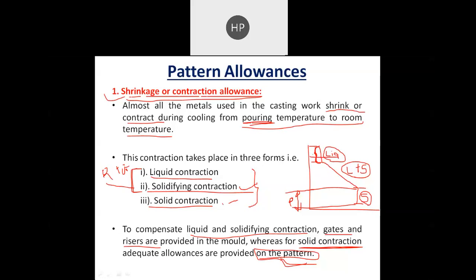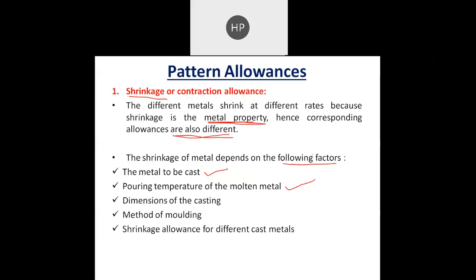What temperature we are using to melt the metal, and at what temperature we are pouring it, is also an important factor for the shrinkage of the metal. That is the second factor affecting shrinkage.